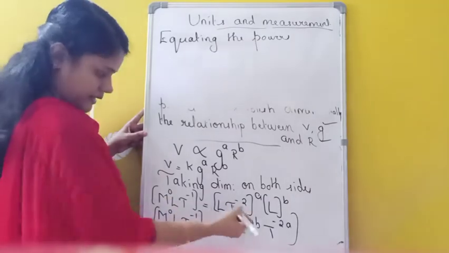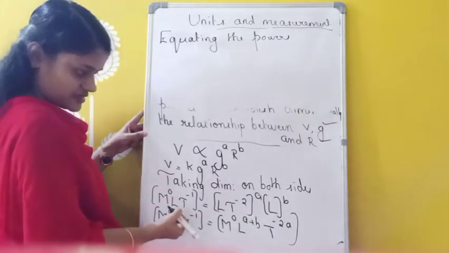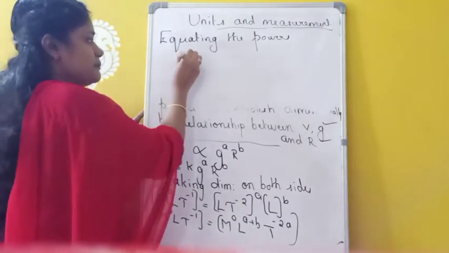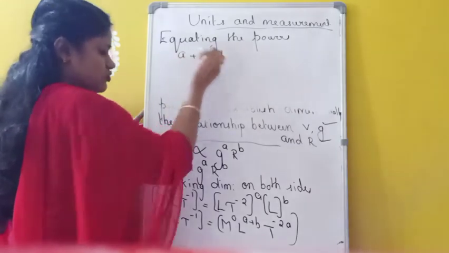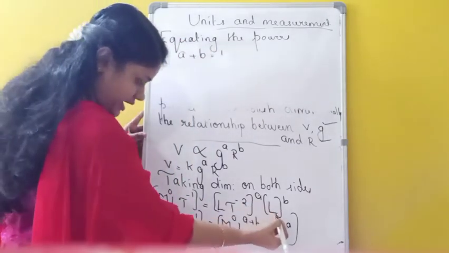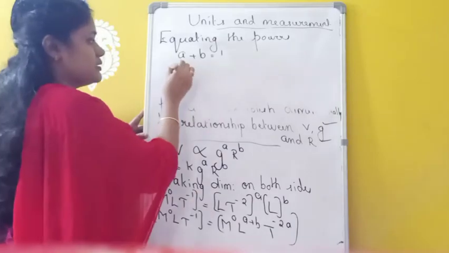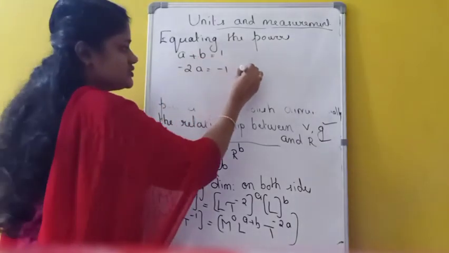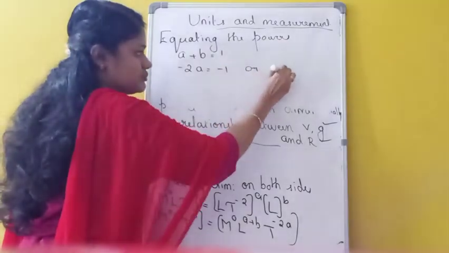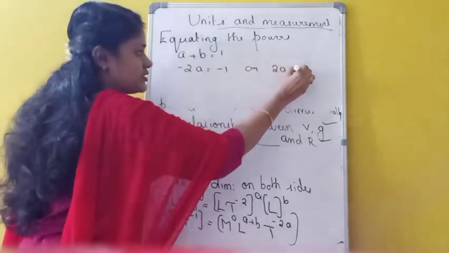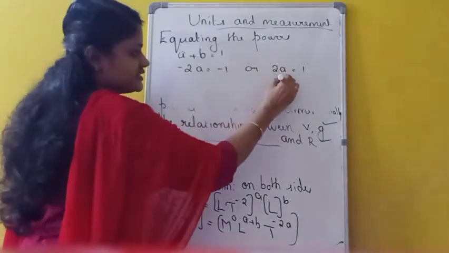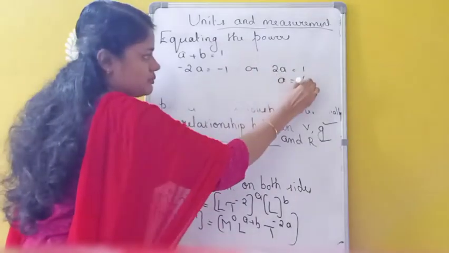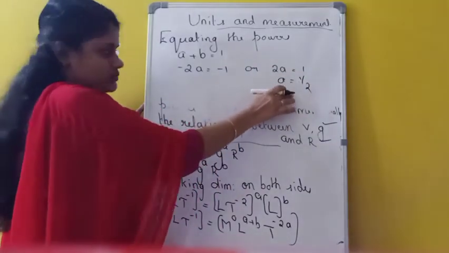Here A plus B is equated to what is the power here? 1. That means A plus B equals 1. Similarly, minus 2A equals minus 1. Both minus signs we can cancel, so 2A equals 1, and from this A equals 1 by 2.